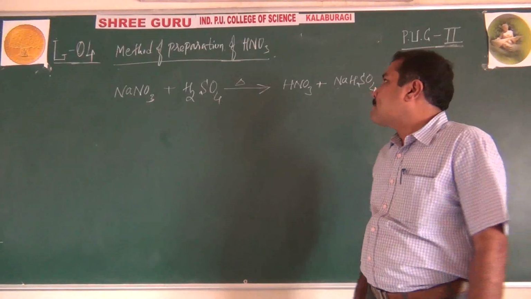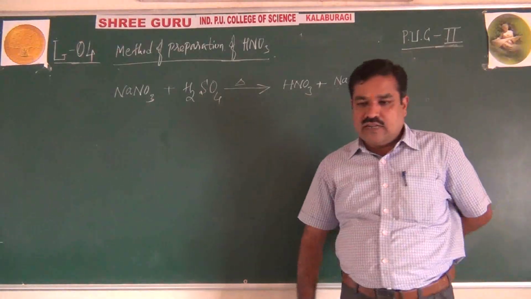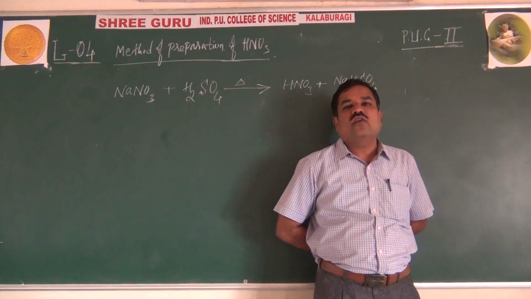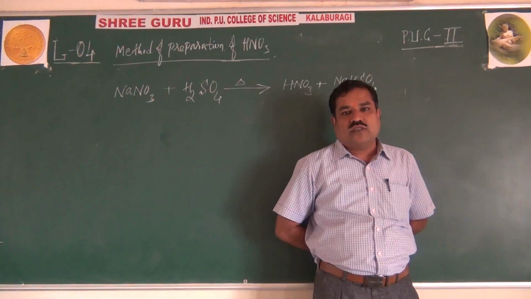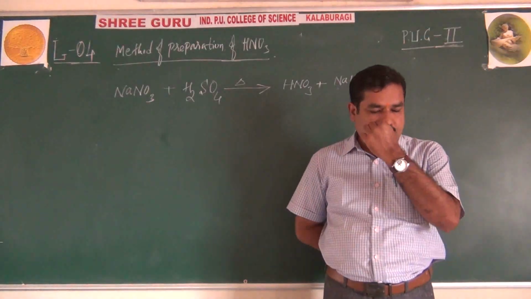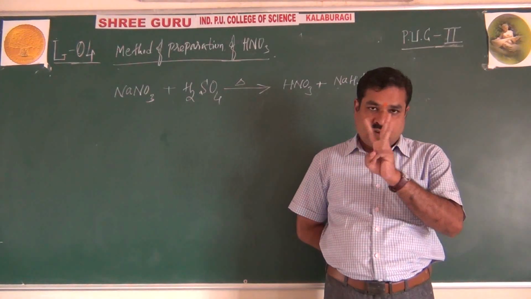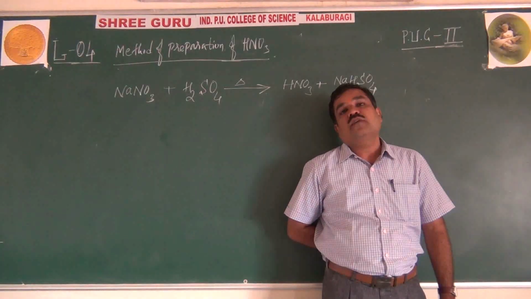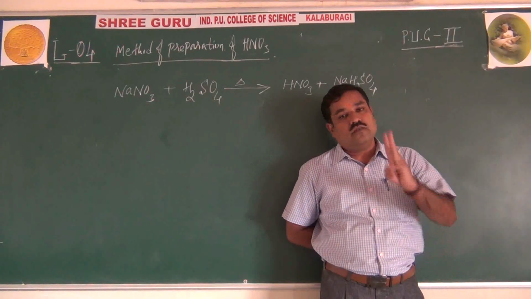But industrially, on a large scale, you can prepare it by one of the important methods called Ostwald's process, the manufacture of nitric acid by Ostwald process, which is very important for theory purpose, once again for 3 marks. Either Haber's process or this Ostwald process is compulsory for the theory examination for 3 marks.